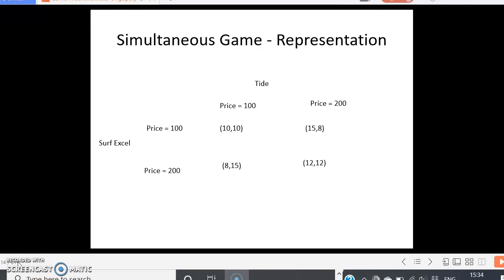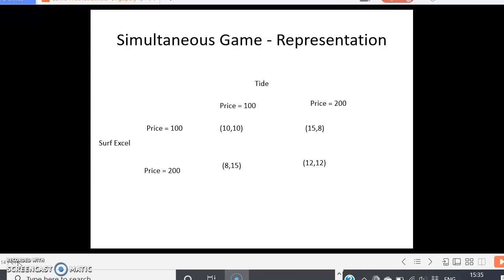Well, in that case, Surf Excel will have a payoff of 10. And Tide, of course, since it is priced at 100, is going to have a payoff of 10. But if Surf Excel, without knowing that Tide has priced it at 100, prices their own product at 200, in that case, Surf Excel will end up with a payoff of 8, whereas Tide will have a payoff of 15.